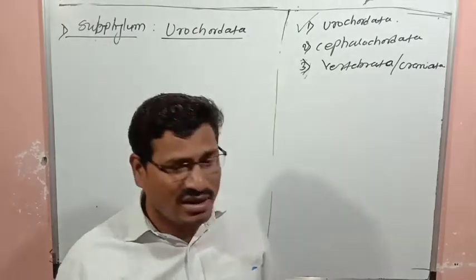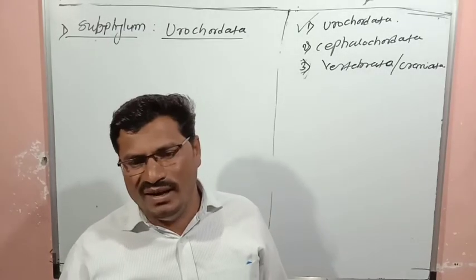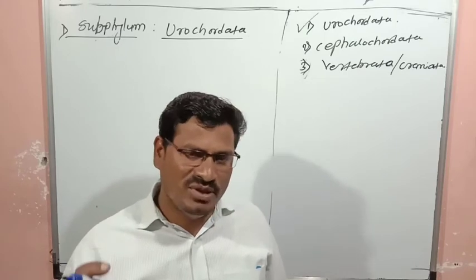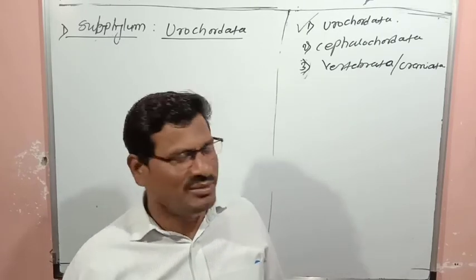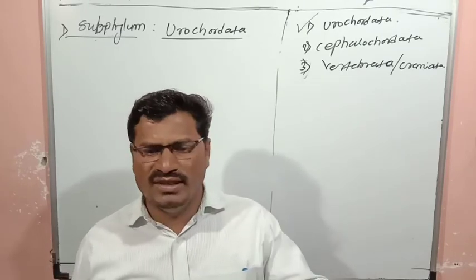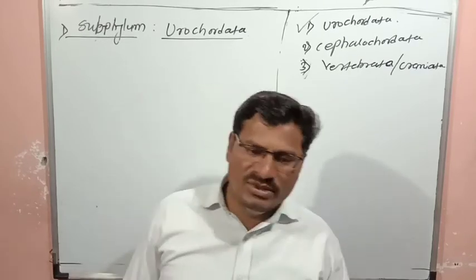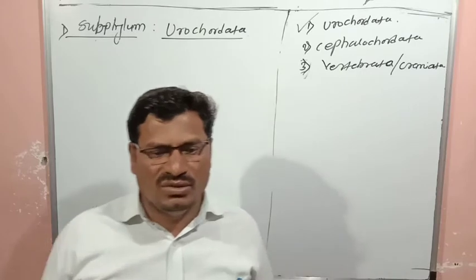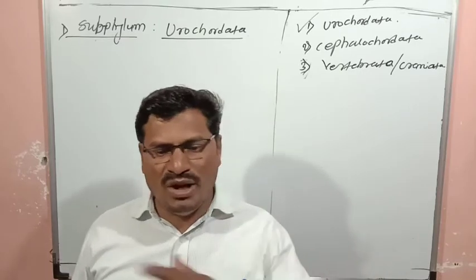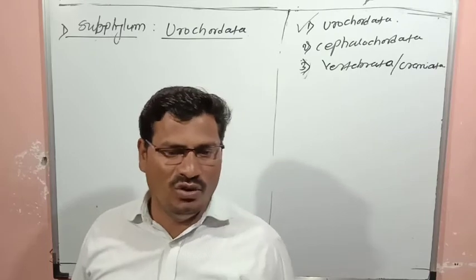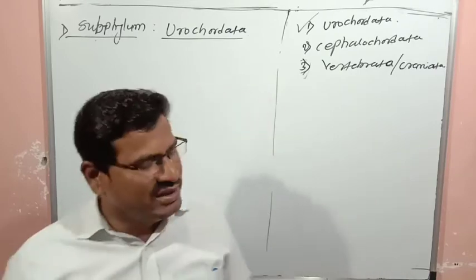And the last one, these animals are hermaphrodite, that is, male and female reproductive systems are present in the same organism. Their examples are Herdmania, Doliolum, and Oikopleura.